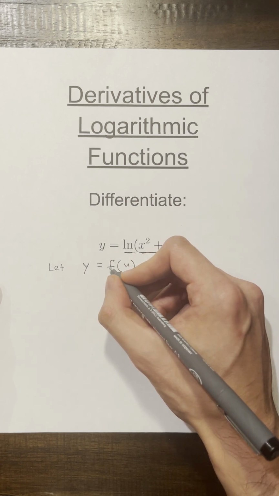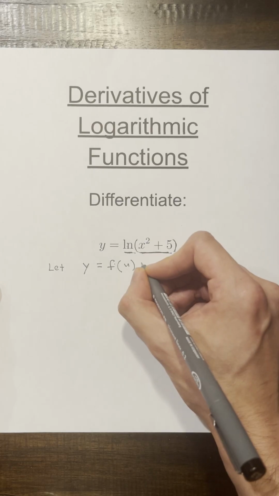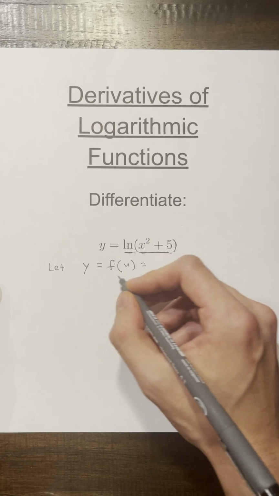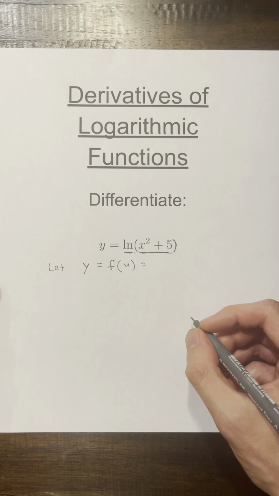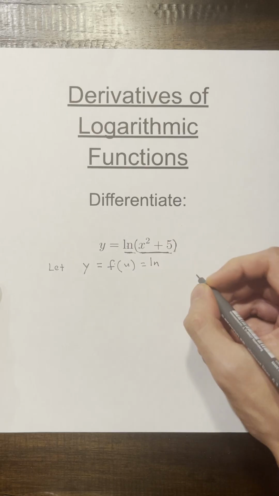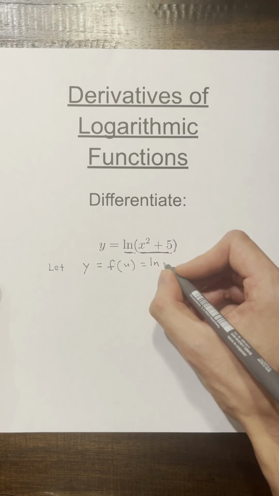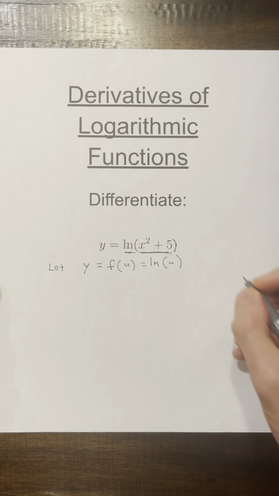So y equals f of u, which is equal to, well, what was f again? Natural log. Okay, so natural log of u.